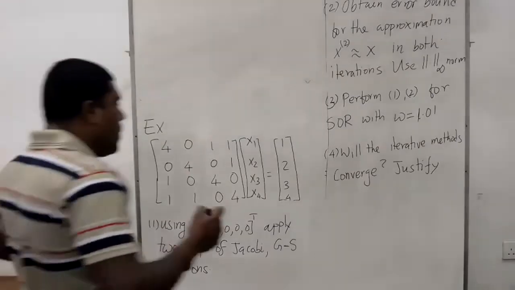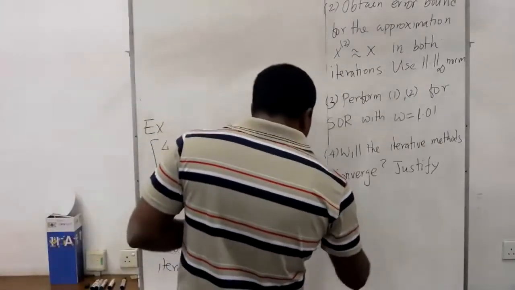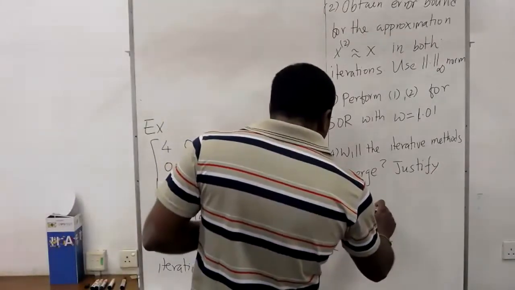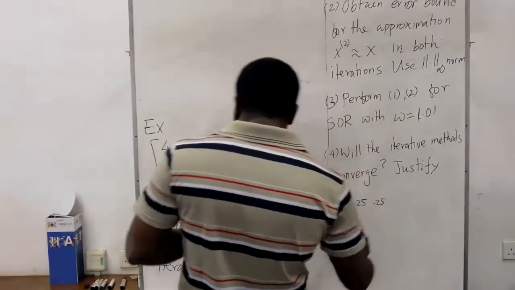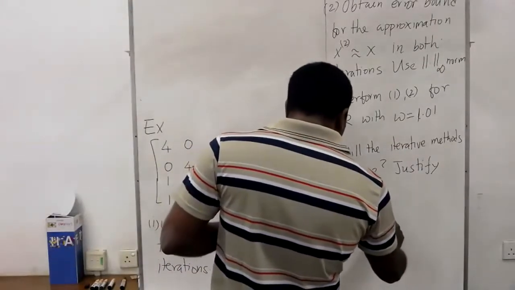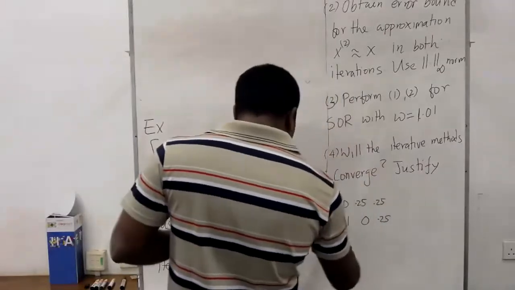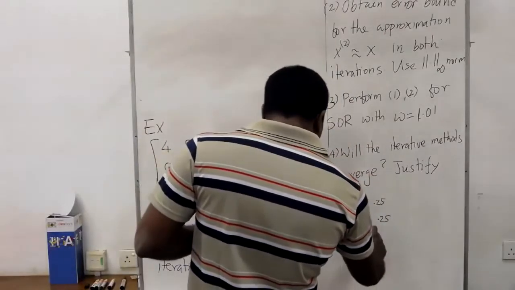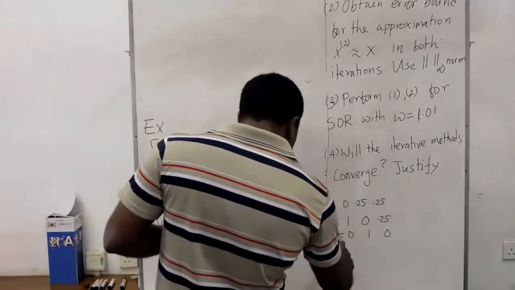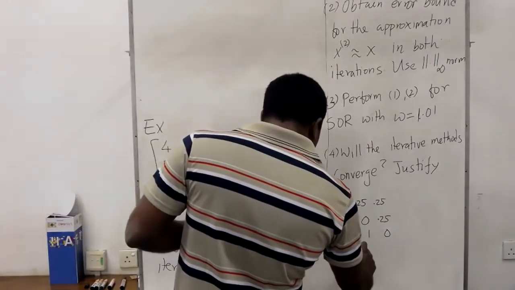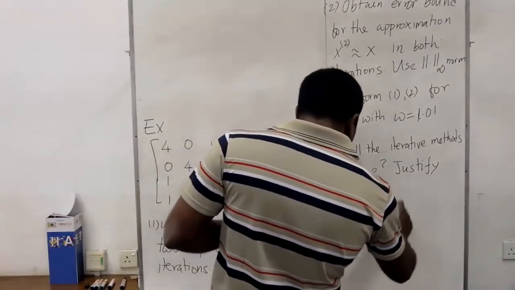So the first step is this: you have 1, 0, 0.25 and 0.25; 0, 1, 0, 0.25; 0.25, 0, 1, 0, and then 0.25; 0.25, 0, 1.